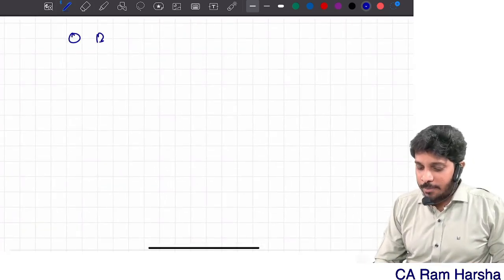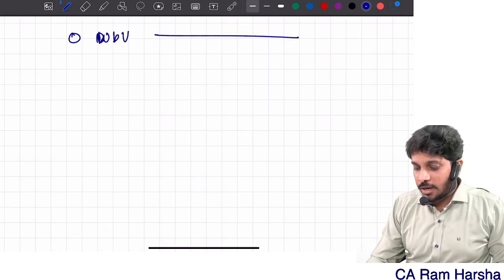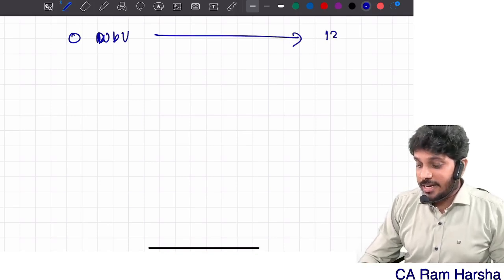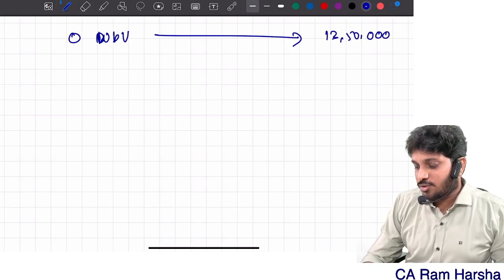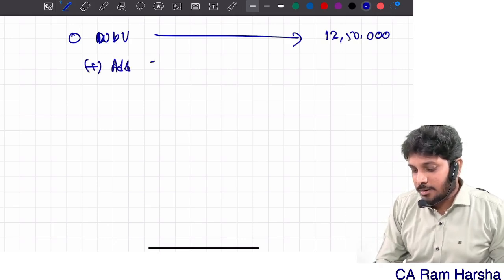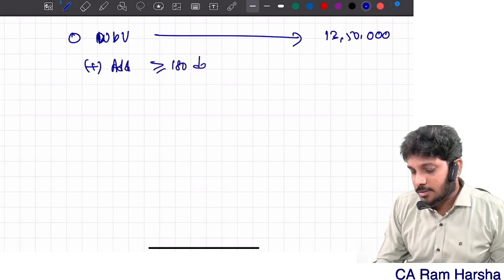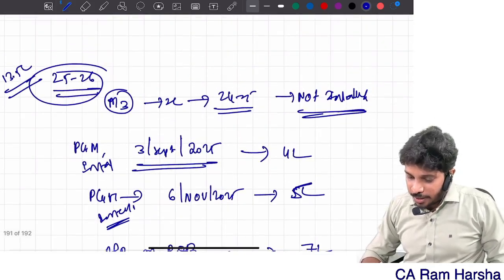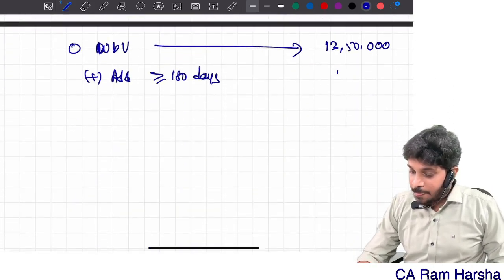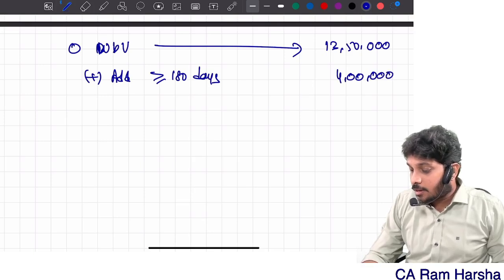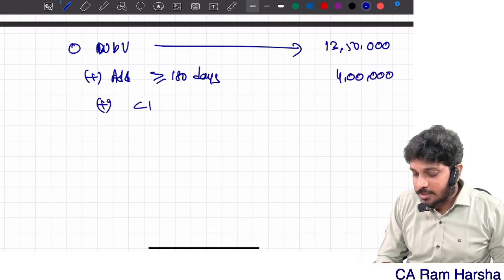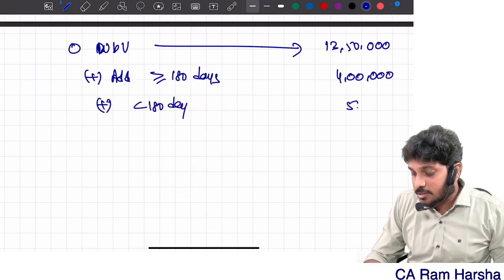What is the opening WDV? 13,50,000. What are the additions during the year? More than or equal to 180 days means 4 lakh. Correct? Now less than 180 days, how much is it?